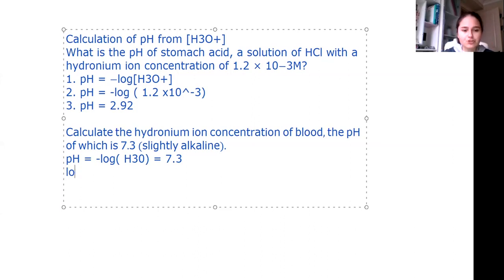What you should do is log of H3O, and that's going to equal negative 7.3. Can you see what I did there? I got rid of the negative sign. I've multiplied both sides: I multiplied this side by -1, and this side by -1 as well. So as you can see, you're now going to have log H3O plus equals negative 7.3.